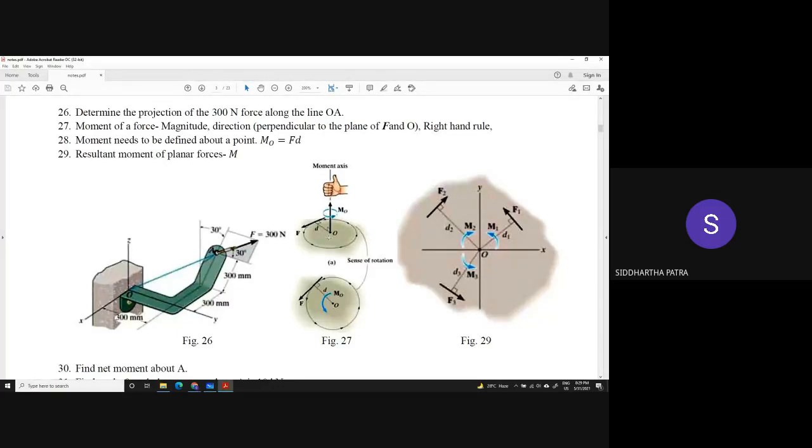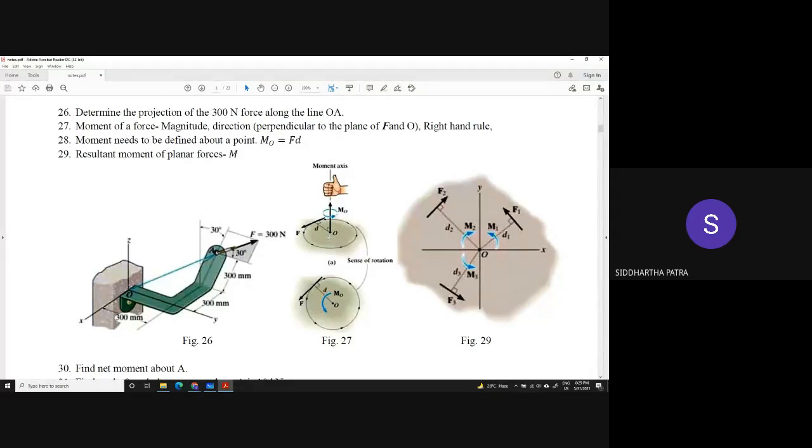Now, every time we have a plane, we can think of a normal to that plane. And we can think of that normal being the representative direction of the plane, and therefore we can think of a moment being a vector.